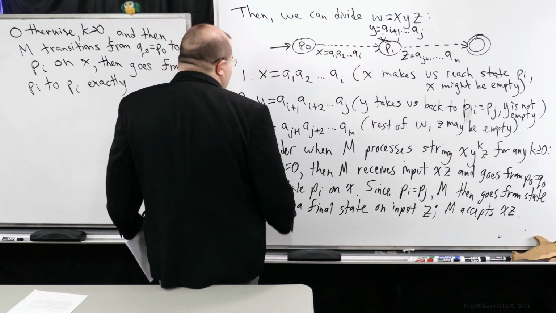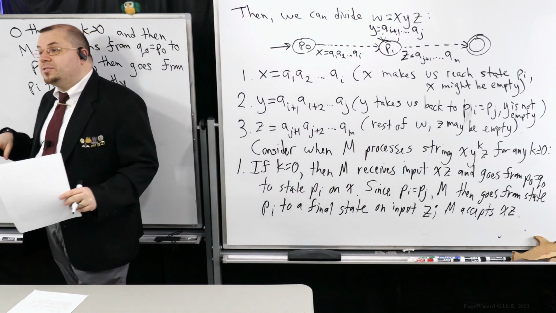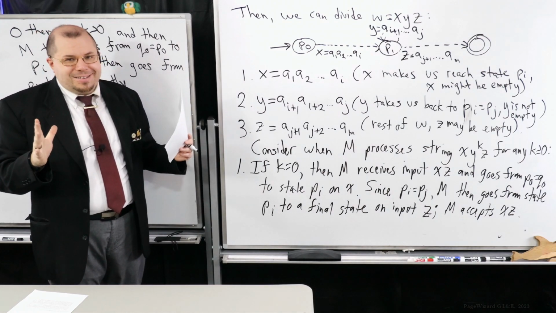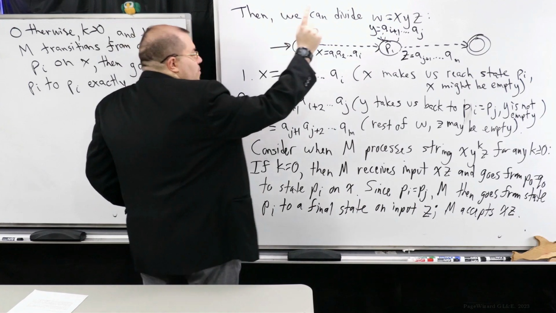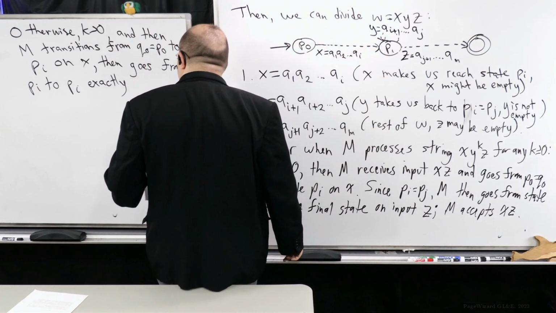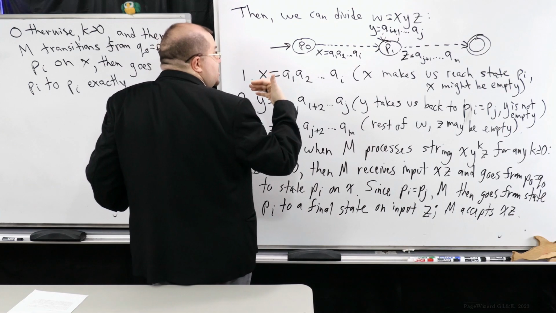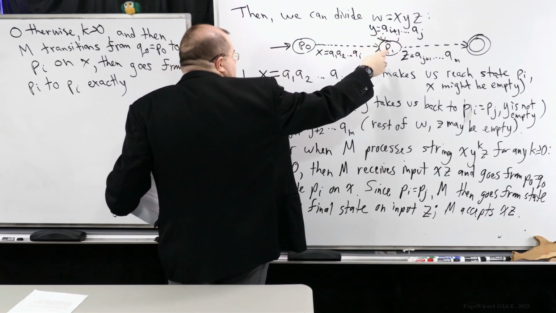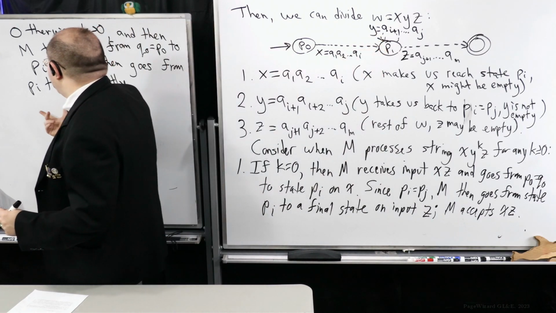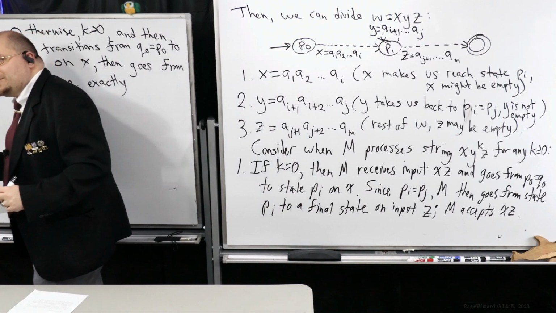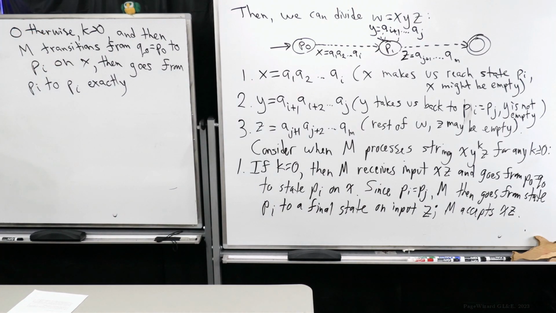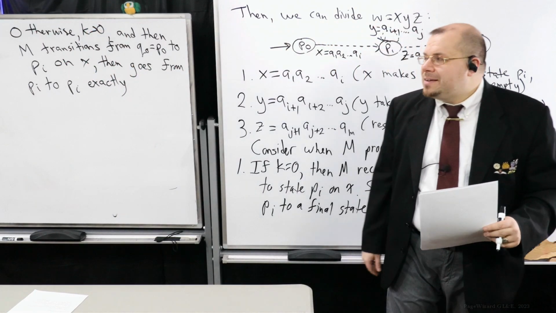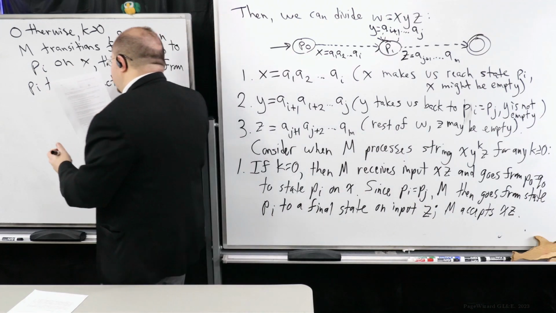So k is now greater than 0, so it's going to take this alternative route. But the route depends on k. So how many times is it going to repeat y? Namely, what is the DFA going to transition on? How many times is it going to go from pi to pi? There's potentially some other states in between because pi is equal to pj. But how many times does it happen? It happens exactly k times.